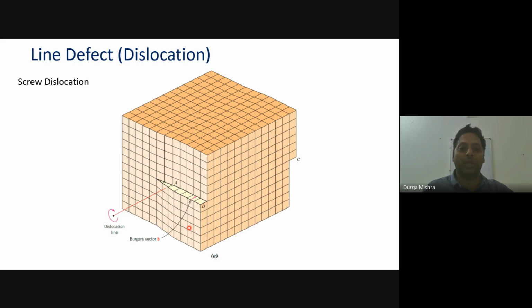If you have a dislocation, it will easily break, because you already have a line defect there. If you apply a certain kind of force, it will break along that dislocation line. That is why these dislocations are undesirable, and during processing, when you are fabricating or synthesizing your material, you try to avoid them.